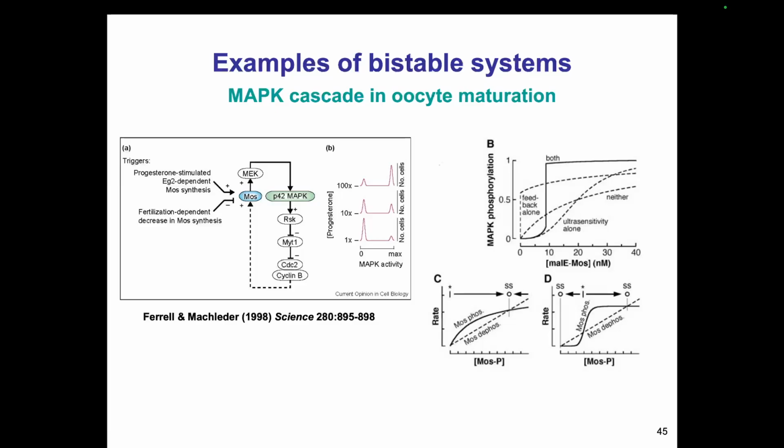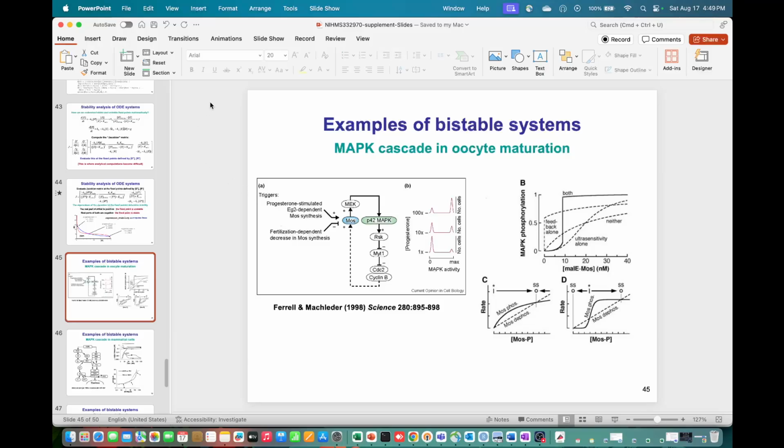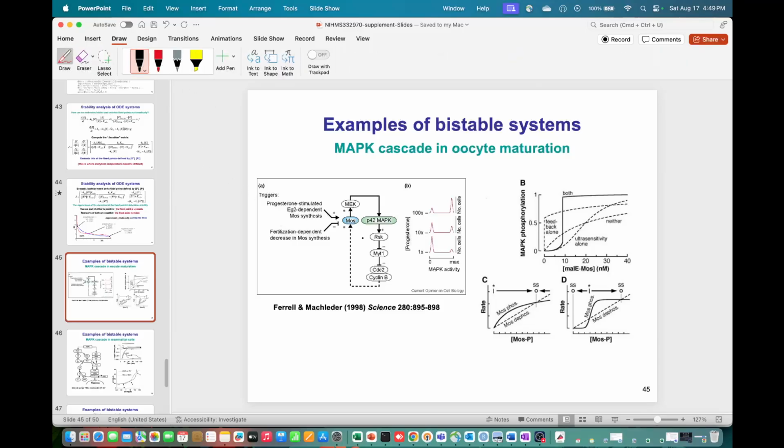So if you see here, this is a positive feedback loop till here, then it's a negative feedback loop, and then it is again a positive feedback loop. If MOS is increasing, it is increasing p42 MAPK, and MAPK is the protein. If p42 MAPK is increasing, it is decreasing cyclin and CDC2, which in turn is increasing MOS, the MOS protein.